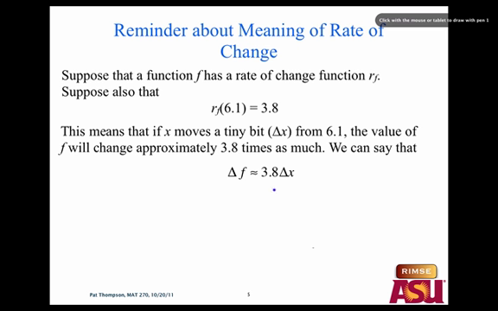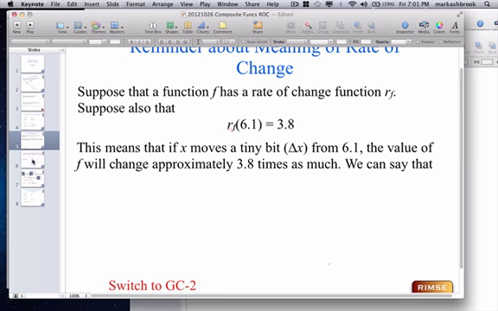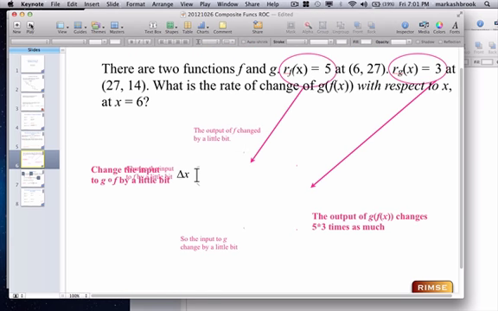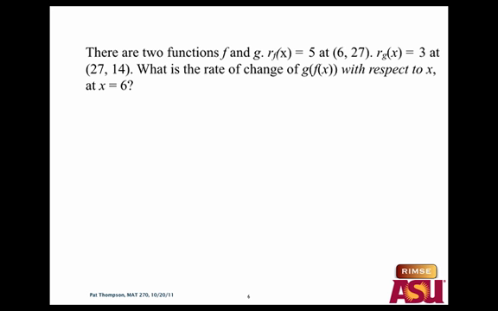So this idea is going to be really important to grasp what's happening in the two-step process of a composite function. Okay, so let's skip on to that next slide. Now there's two functions, and we're talking about g of f of x. So what comes first? We know that x goes into f.